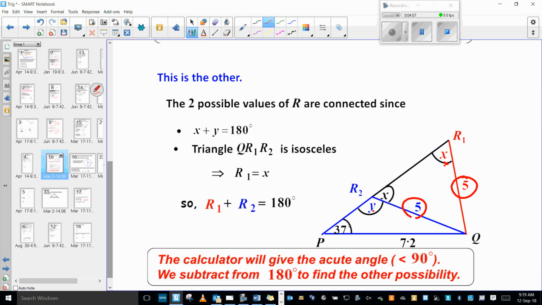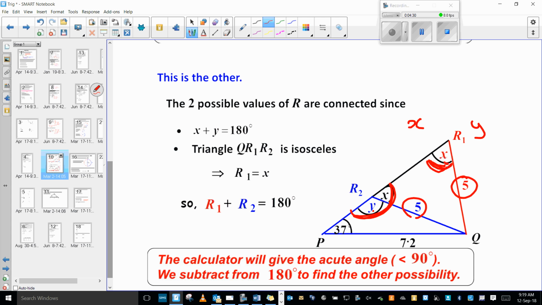And if our other option, so if our 2 options are x and y as our angles, it must mean that these 2 here have to add up to 180, yes? Mm-hmm. So if you calculate one of them, doesn't matter which one, you can find the other one by subtracting it from 180. Okay? You'll happy with that?